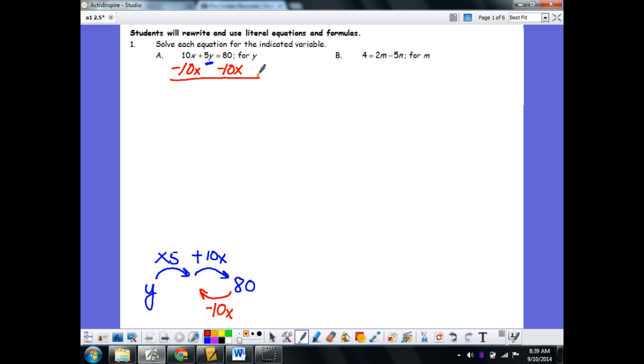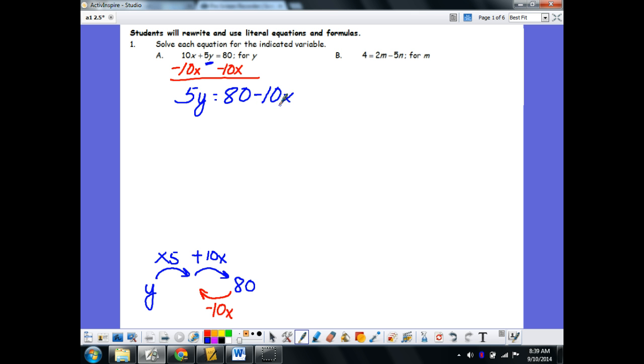In our work so far this year, 80 and 10x are not like terms, so we cannot combine them. The 80 does not contain an x, so we cannot rewrite that as 70x. We need to keep that separate, so we can just keep that as 80 minus 10x.